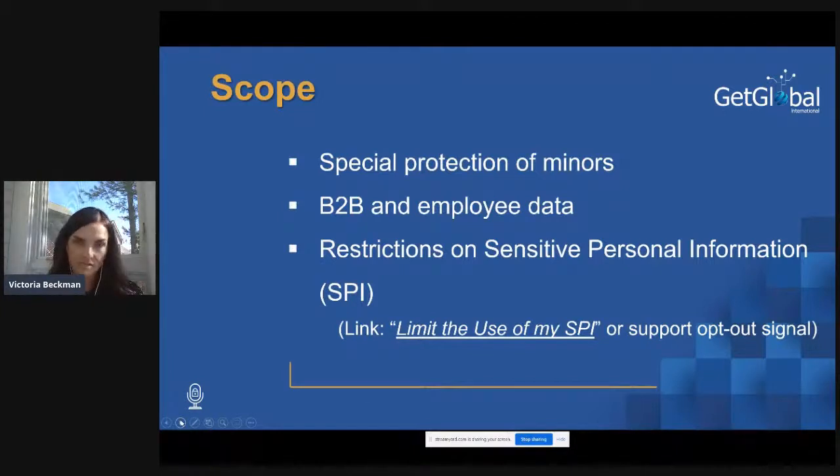But then there is this requirement that if the consumer has some kind of universal do not track signal, you have to understand that as opting out and limiting the use of sensitive personal information.